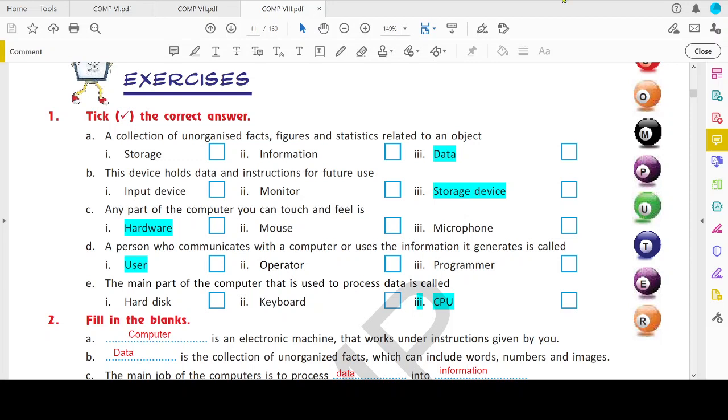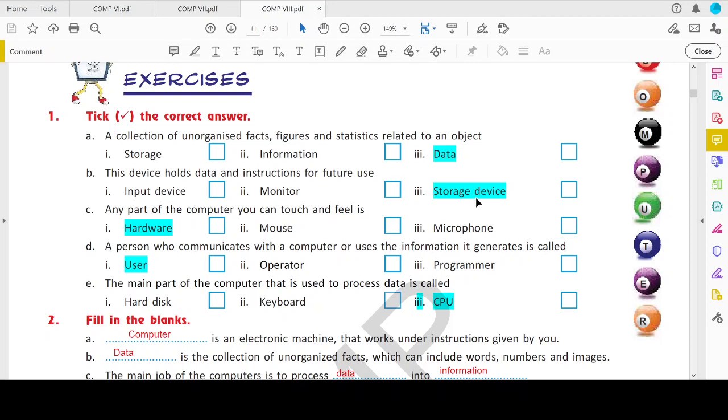Next, this device holds data and instructions for future use: input device, monitor, storage device. So the device that holds data and instructions for future use is a storage device.